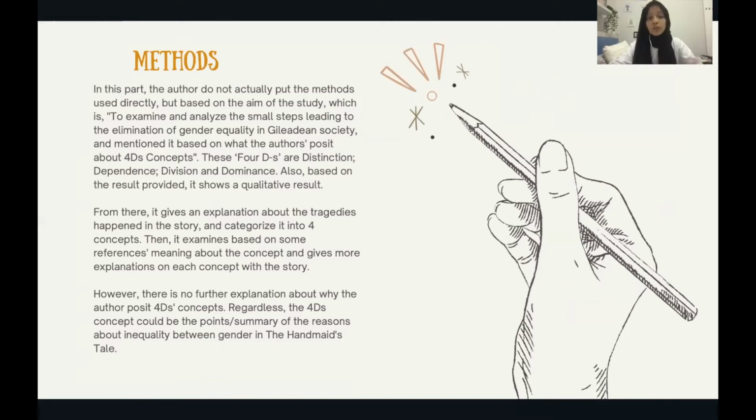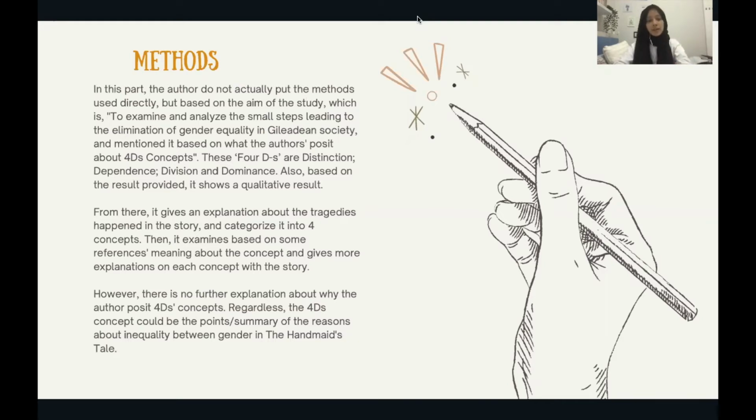Also, based on the result provided, it showed a qualitative result, even though the author did not put the method directly, but we can tell that it shows a qualitative result. From there, it gives an explanation about the tragedies that happen in the story and categorizes them into four concepts.